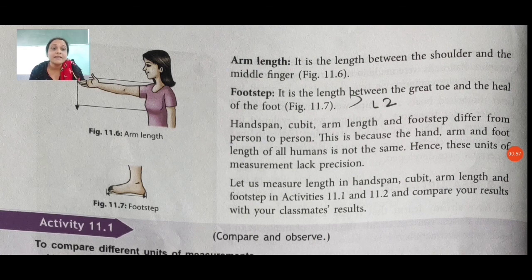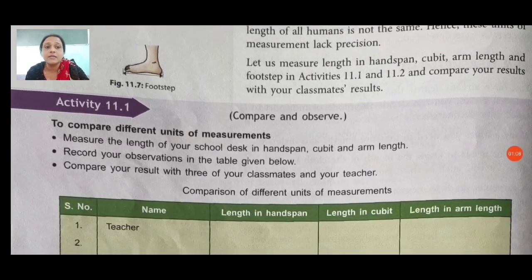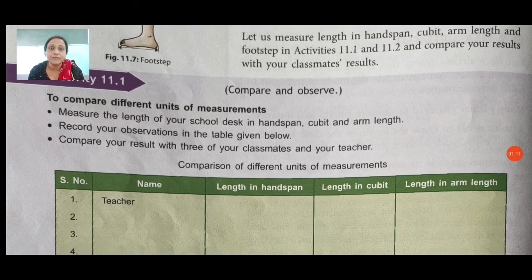So let us measure length in handspan, cubit, arm length and footstep in activities 11.1 and 11.2 and compare your results with another person. They have given us activity 11.1 to compare different units of measurement.